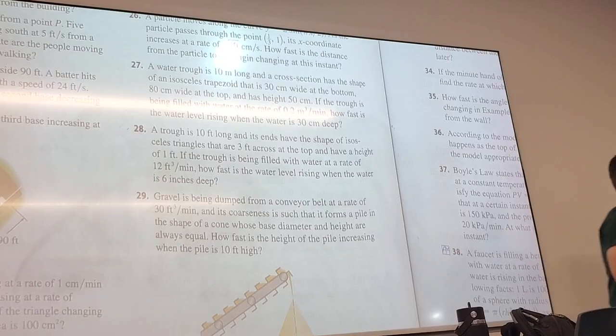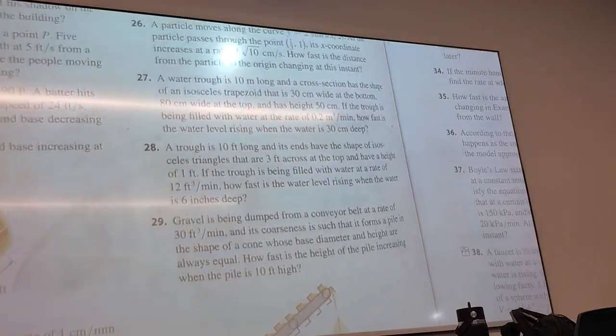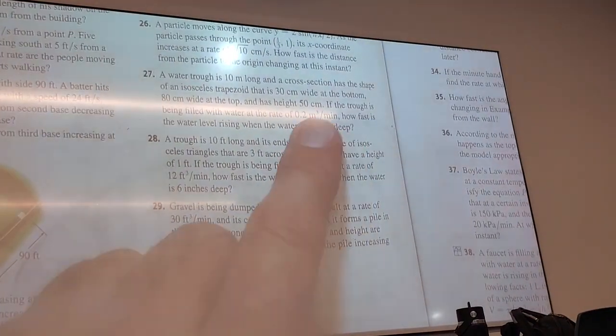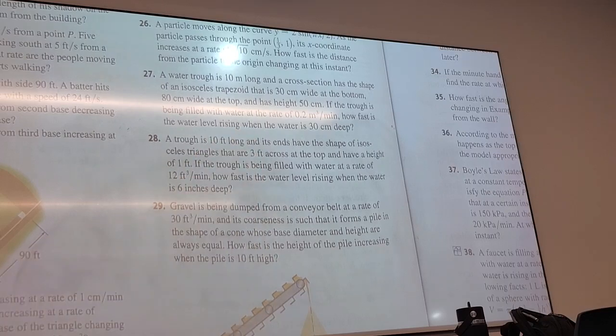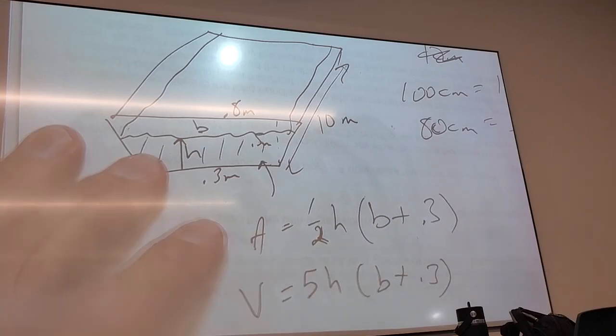So what variable do I want to work with? In fact, what's the question asking? How fast is the water level rising? So what's the only variable that this problem is interested in? H. It tells me the height of the water at a certain time, and it asks me how quickly the height's changing, yes? So which variable do I want to get rid of? I want to get rid of B.